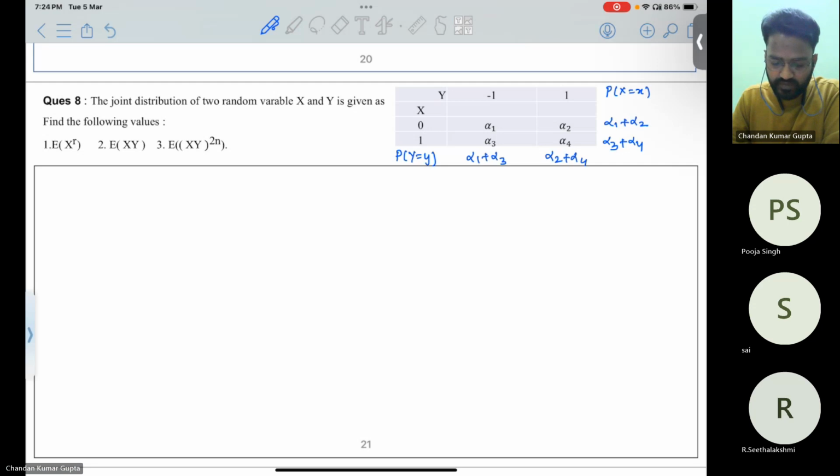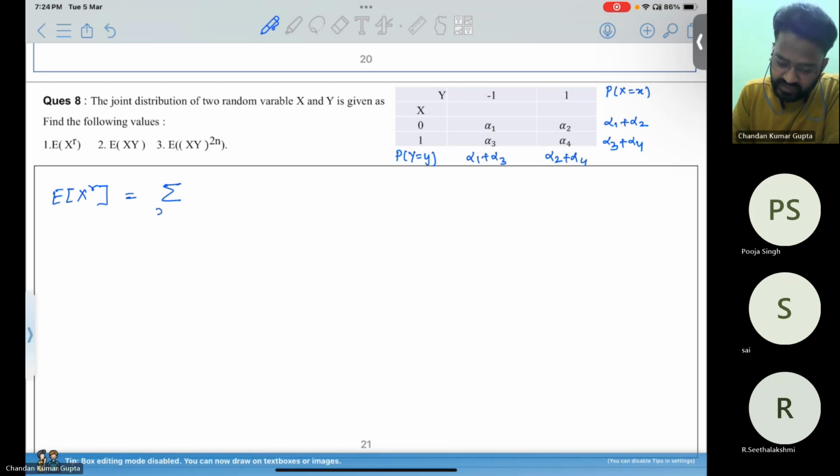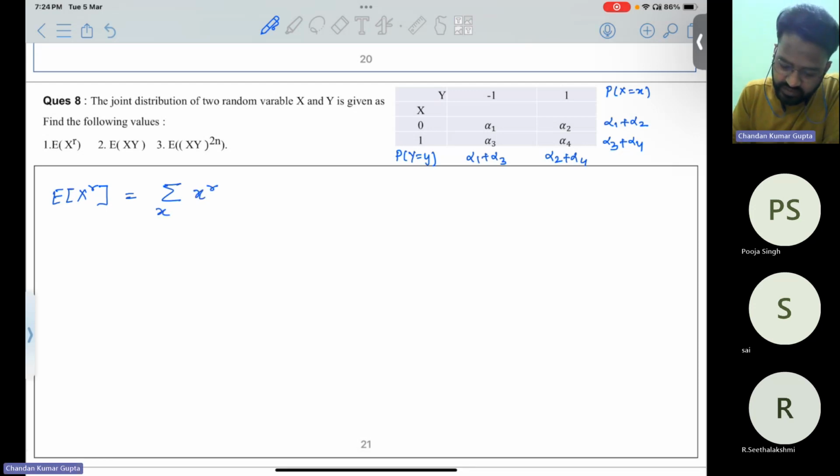Now we need to calculate the expected value of x. So expected value of x to the power r is what? Since it is discrete, it is the sum of x to the power r times probability that X is equal to x. So x takes values 0 and 1.